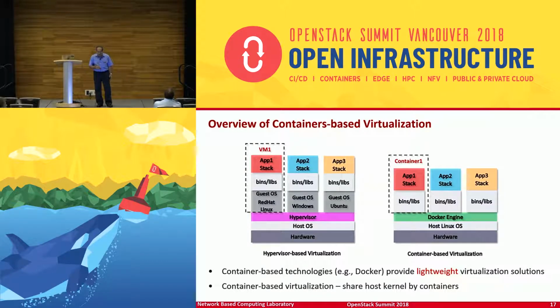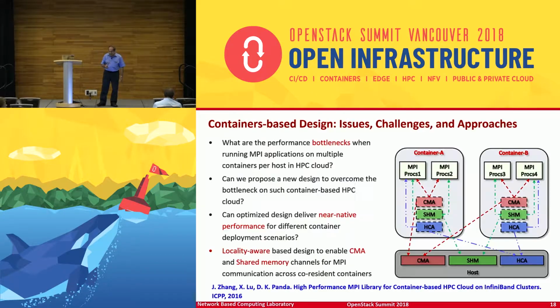Broadly, these are the two trade-offs: the typical hypervisor-based virtualization, and container-based virtualization to provide lightweight virtualization solutions. Again we looked at the issues, challenges and approaches. Our objective is performance: where the bottlenecks lie, can we propose new designs, and can we get near-native performance, just like I described with SR-IOV.